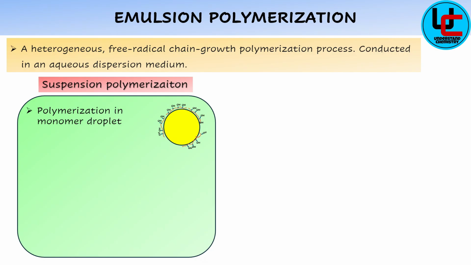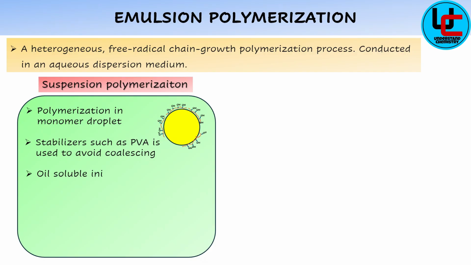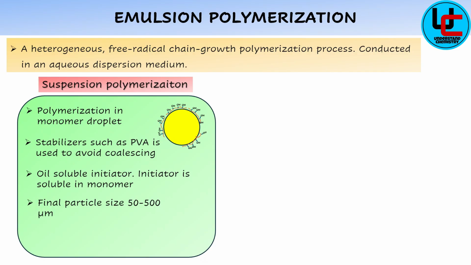In suspension polymerization, the monomer is distributed into droplets and held in suspension by stabilizer molecules such as polyvinyl alcohol. The initiator is oil-soluble and added directly into the monomer.